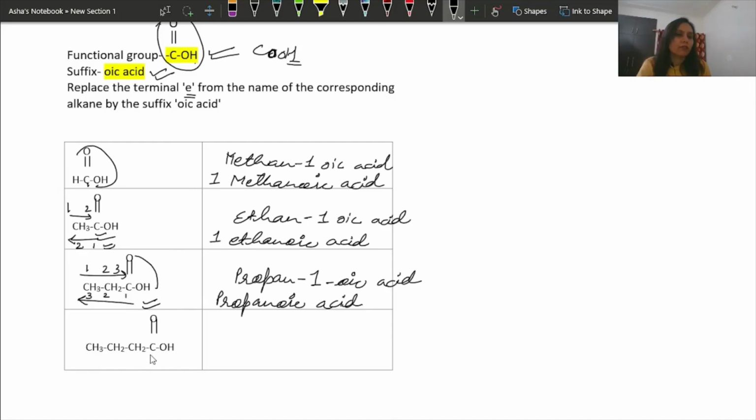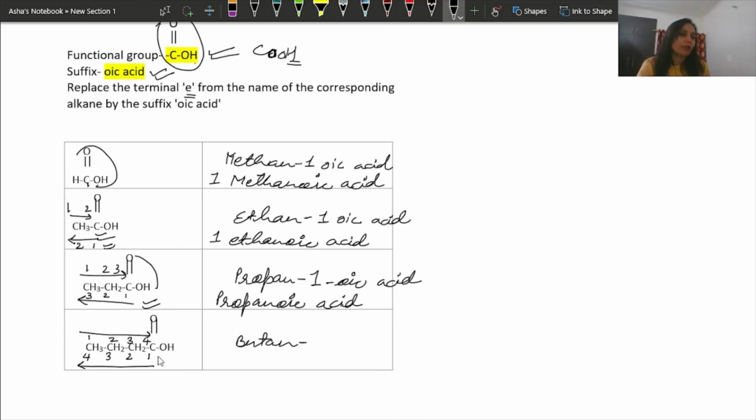Now in this one there are 4 carbon, 1, 2, 3, 4. This is the backward, from back to front counting. From front to back counting, this is the first carbon, this is second carbon, this is fourth carbon. So total number of carbon are 4. So but will be the root word. Between carbon there are single bonds, so obviously it will be AN, and instead of E you will be mentioning the position of the carboxylic acid.